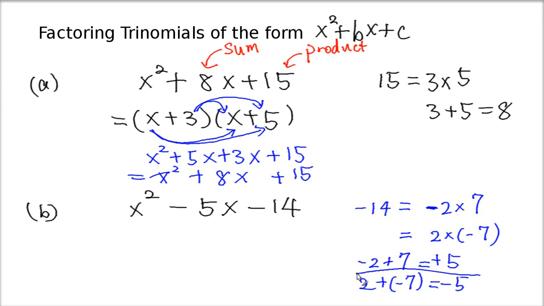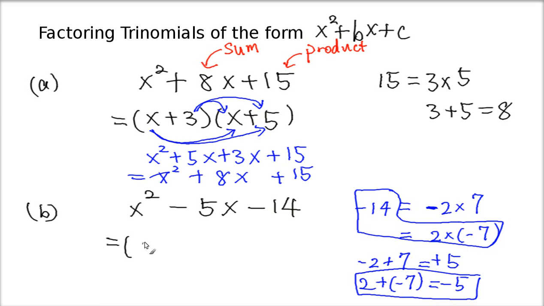So this is the correct choice. 2 and negative 7. 2 plus negative 7 is negative 5. 2 times negative 7 is negative 14. So this is the correct choice of numbers. So then the answer is x plus the first number 2 times x plus the second number negative 7, or just x minus 7.